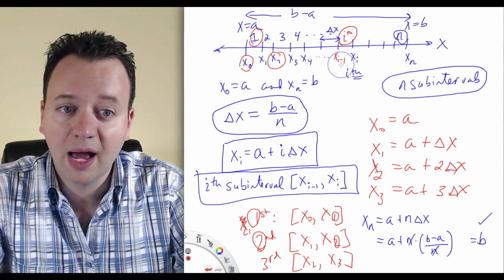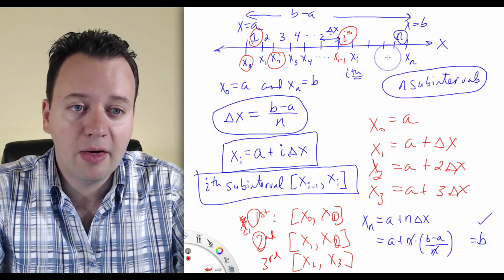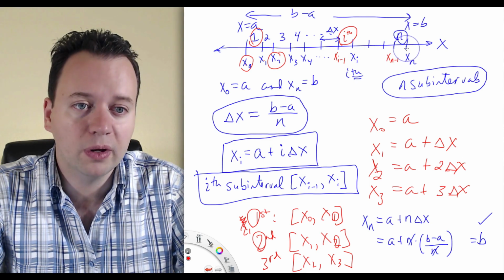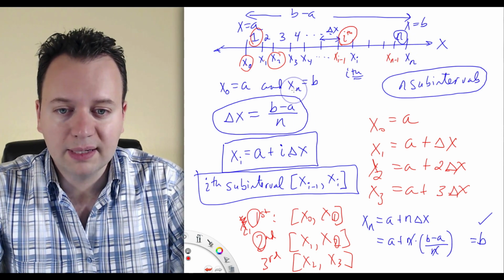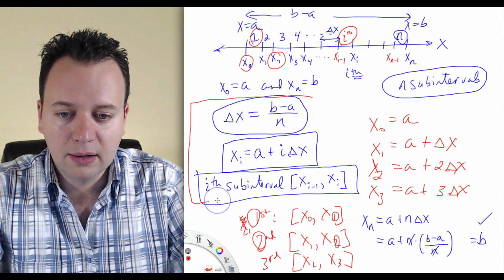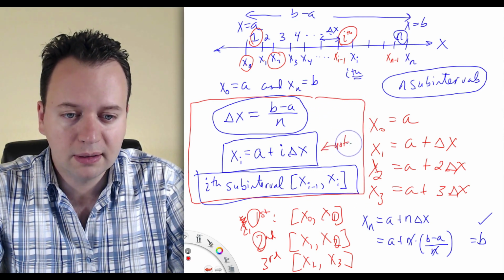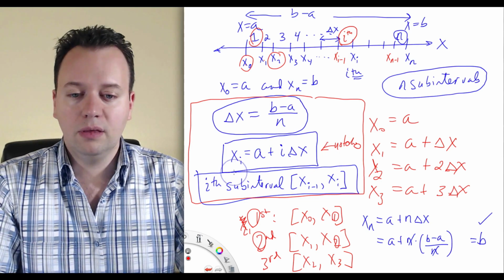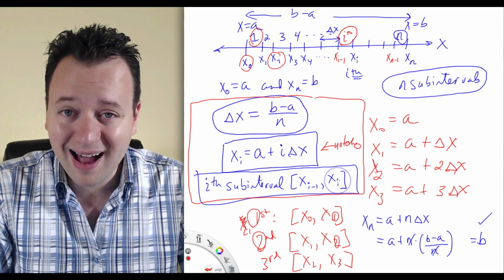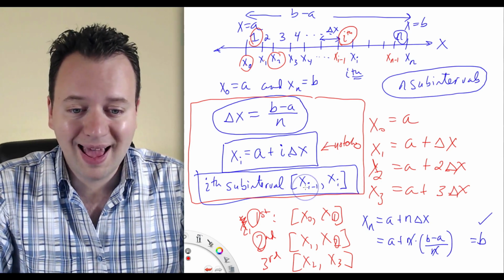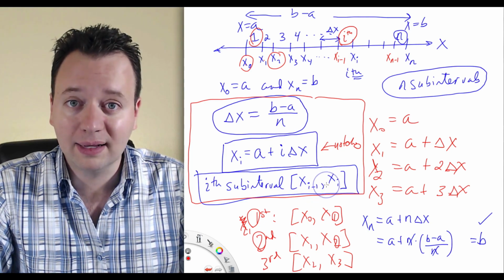It's between x sub i minus 1 and x sub i. Our nth one is between x sub n minus 1 and x sub n. So this tells us what delta x is and where all the x sub i's are, so this tells me all my notches. And this last equation reminds me that the ith subinterval is between x sub i minus 1 and x sub i.